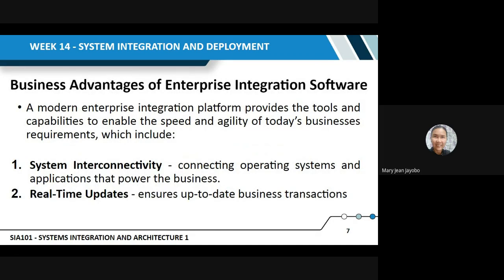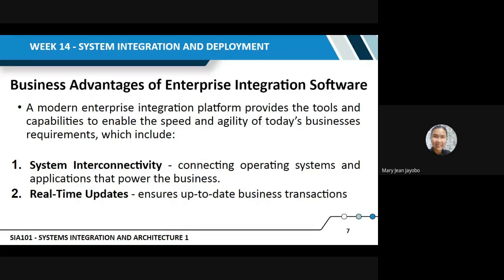Okay, next is the key to selecting an enterprise integration platform. It centers on the company's ability to recognize what it actually needs from the integration solution. So before you can come up with enterprise integration software, you need to know ano ba yung requirement. Okay? You need to know before you can give a solution.